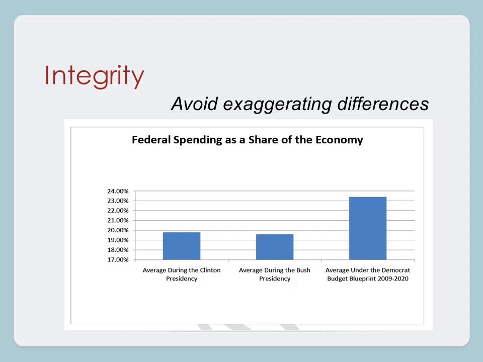In the graph displayed here, we can see the difference between federal expenditure as a percentage of the global economy in two different US administrations, that of President Clinton and that of President Bush, compared with the average under the Democratic administration over a period of a few years. Visually, it seems that there is a very big difference between President Bush and this average. But when we analyze the data, we can see that the difference is at most 4%.